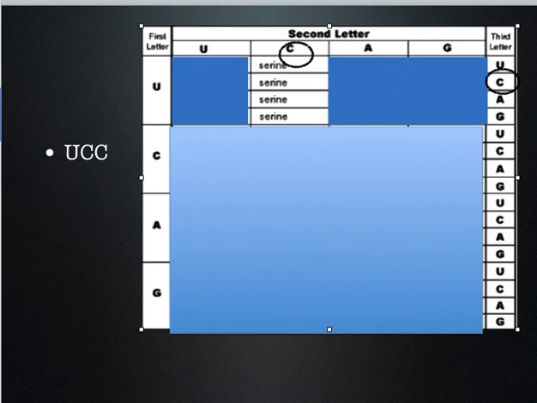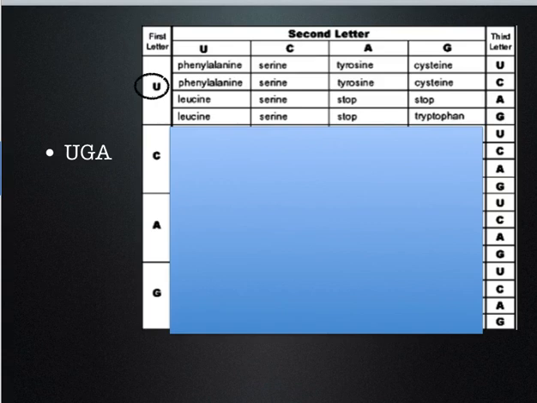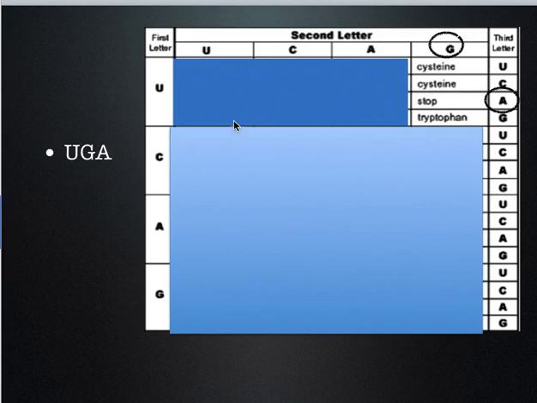All right, let's try another codon, UGA. So here's the first letter U. I'm still covering up all the blue box because I don't need anything else. Now I've got the second darker blue box covering up this part because the second letter is a G, and the G is right there.